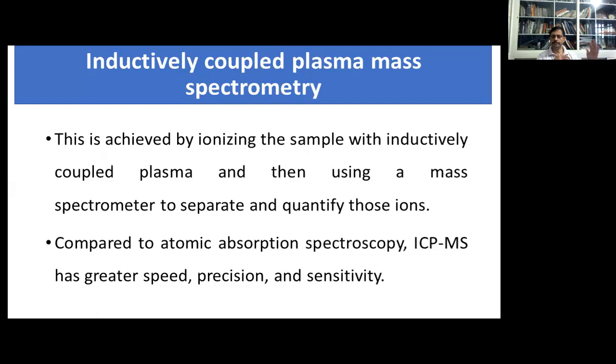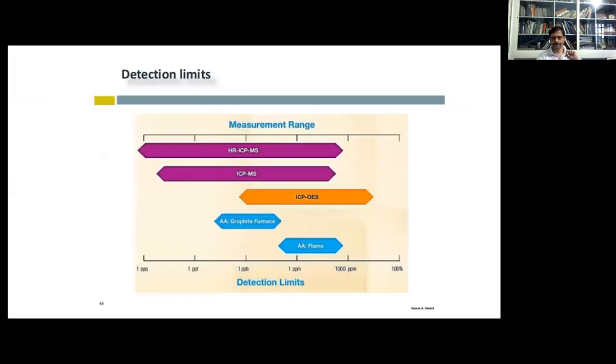Compared to atomic absorption spectroscopy, as I already mentioned, ICP-MS has greater speed, better precision, and high sensitivity. If you see this schematic diagram, you can see that atomic absorption spectroscopy, where flame is used as a source, your analysis may be limited up to 1 parts per million.